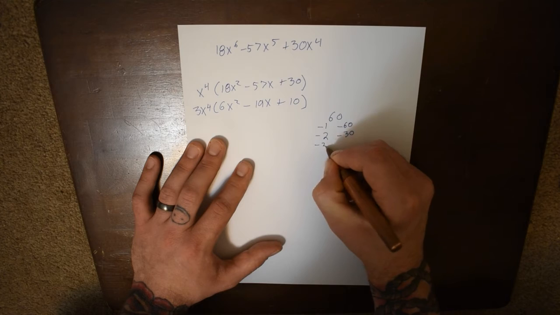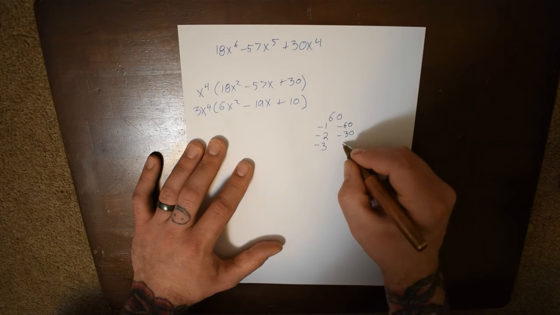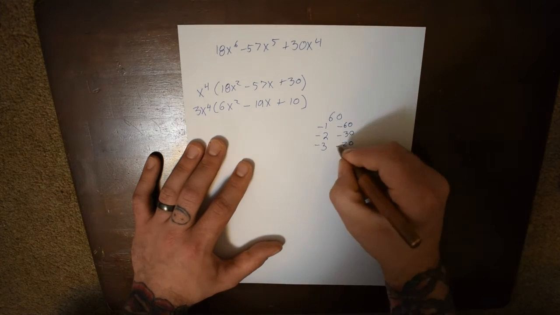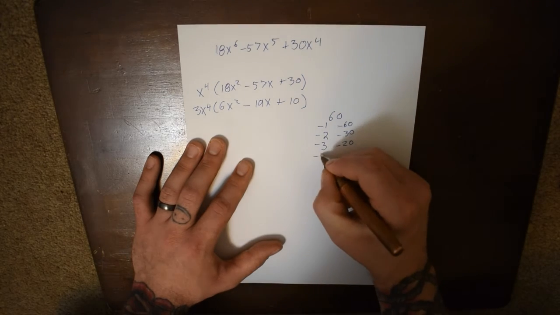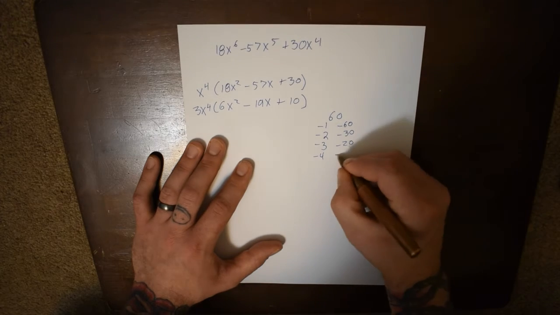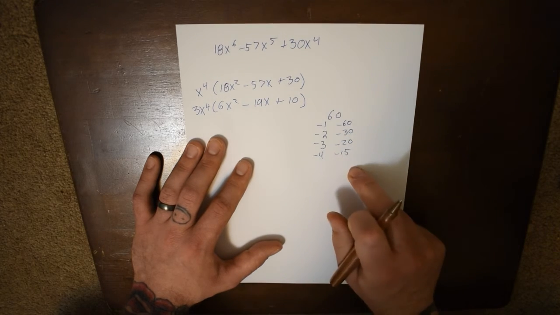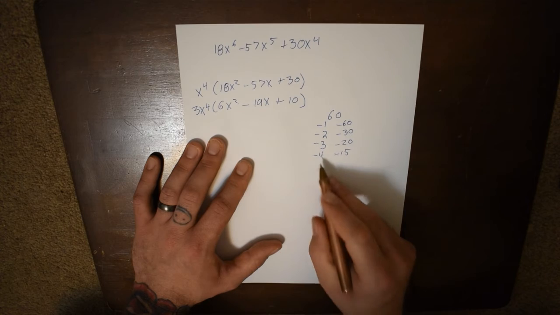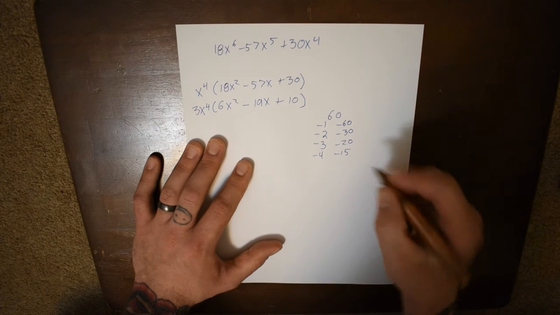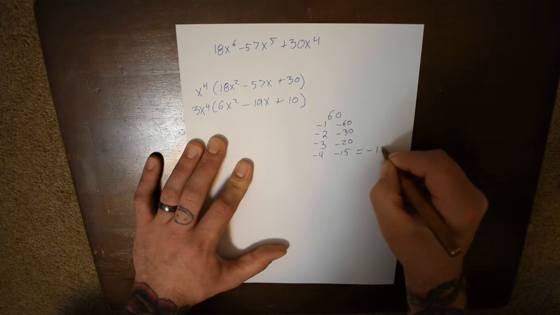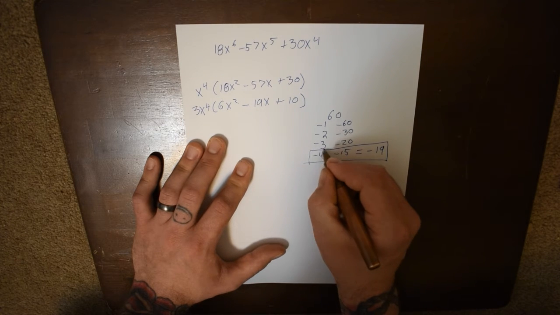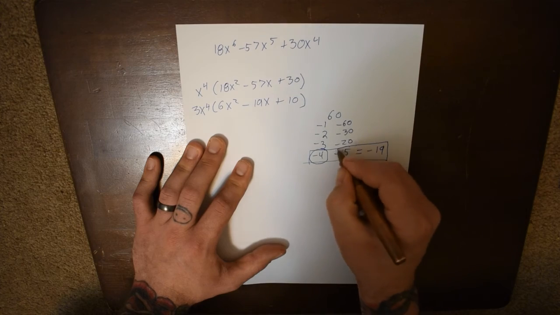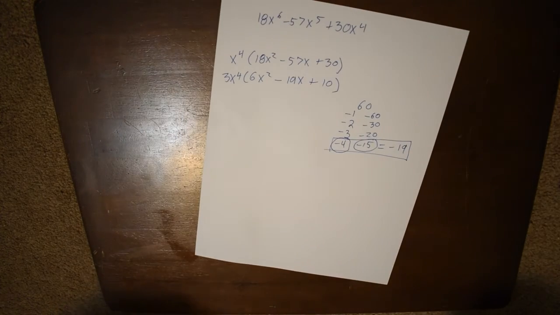I know a negative 3 times a negative 20 is equal to a positive 60. I know a negative 4 and a negative 15 multiplied together to equal a positive 60, and I know negative 4 take away 15 is equal to negative 19.